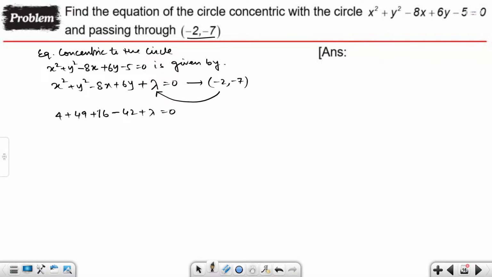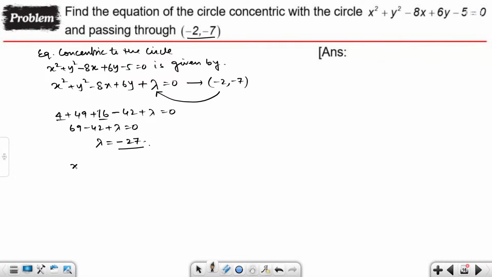So how much are you getting? It's 4 plus 16, 20, 69 minus 42 plus lambda equals 0. So 69 minus 42 is going to give us 27. So lambda is coming to minus 27. Is it clear? Lambda is coming to minus 27.